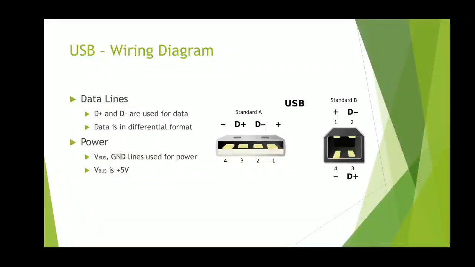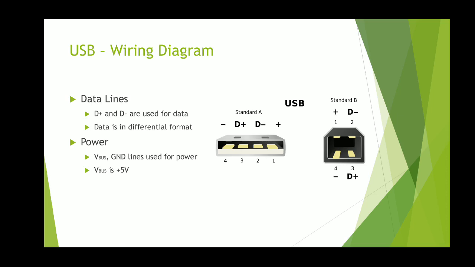Here you can see the wiring diagram of USB port, and the wiring diagram consists of 2 data lines and 2 power lines. The data lines are denoted as D plus and D minus, through which the differential data can be sent. The differential data helps to remove the noise in the system.